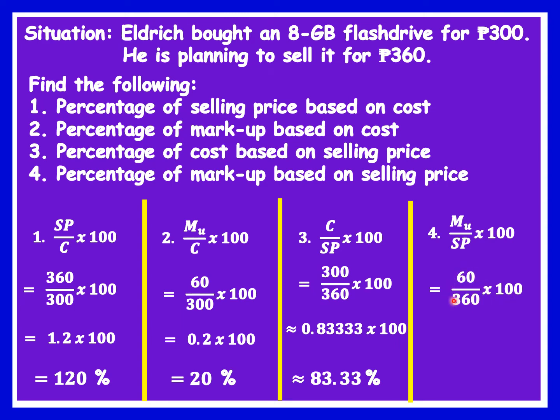Dividing these two, we will get 0.1667 times 100. So multiply these two numbers, we will get 16.67. So it's almost equal to 16.67%.